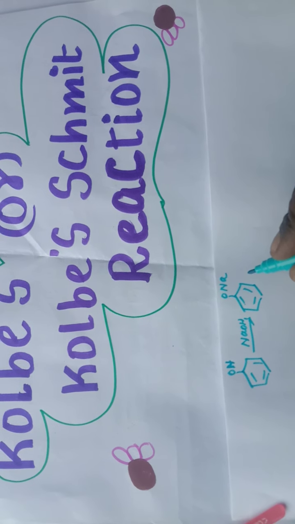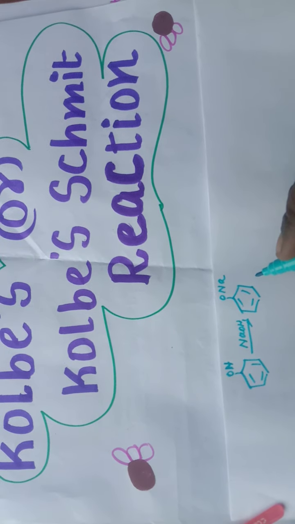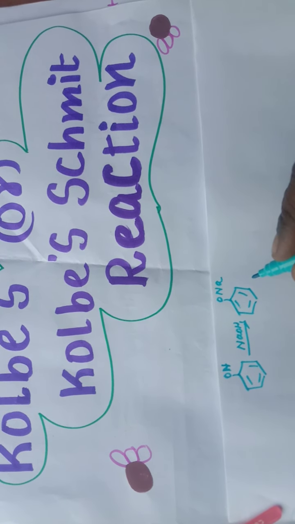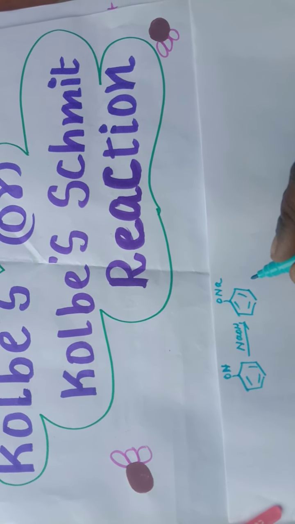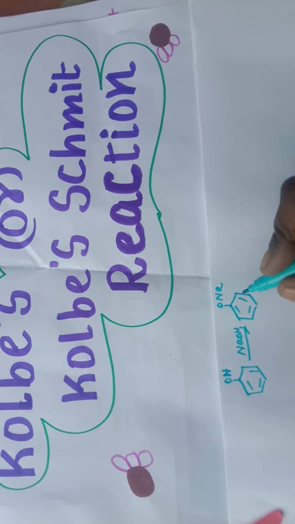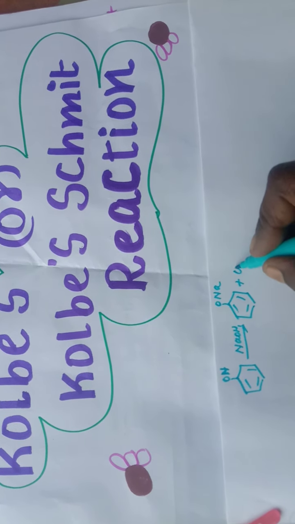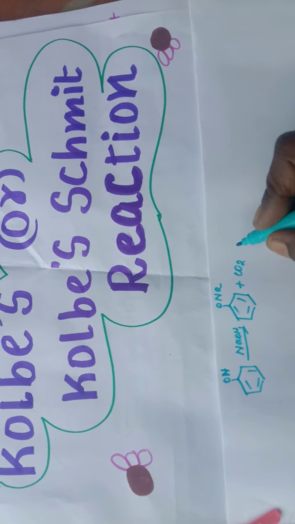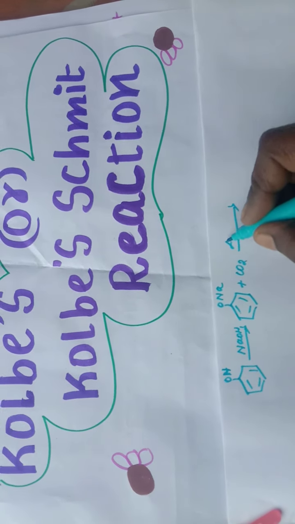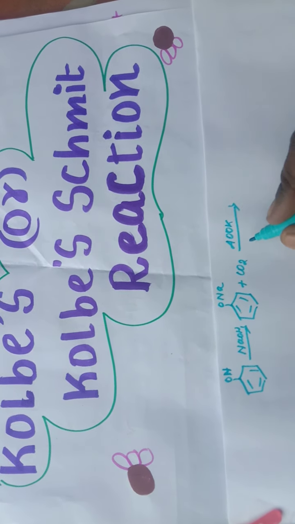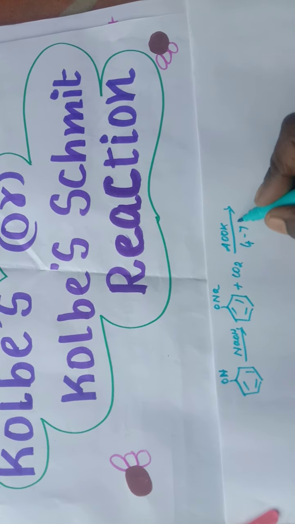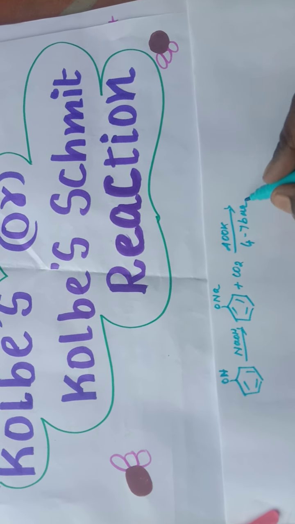This sodium phenoxide is more effective than phenol towards electrophilic substitution reaction with carbon dioxide. Now this sodium phenoxide is treated with carbon dioxide at 400 Kelvin and 4 to 7 bar pressure.